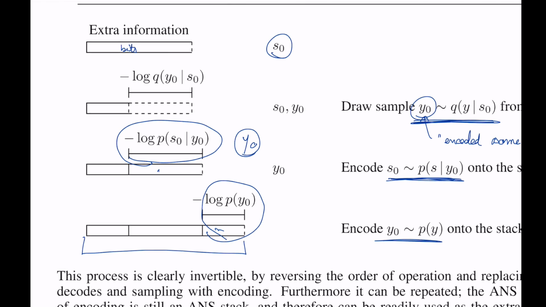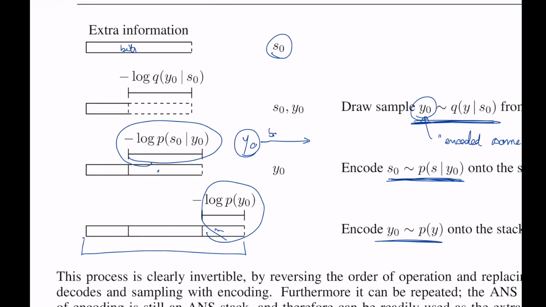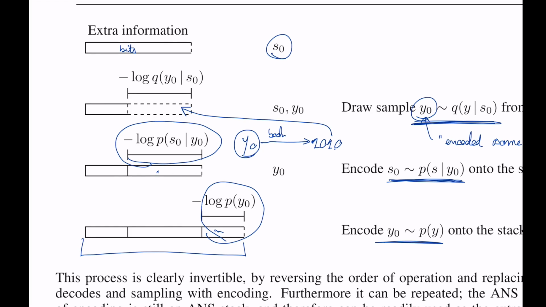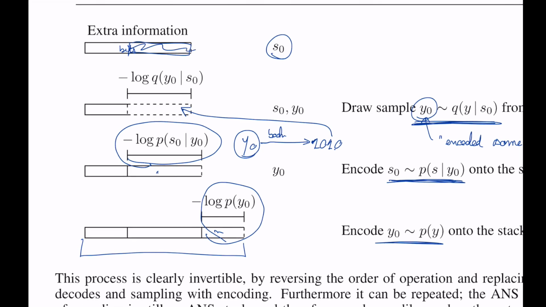And now you go back and you obtain the sequence of bits that you used initially to encode it. So you take those and you put the bits back as well.